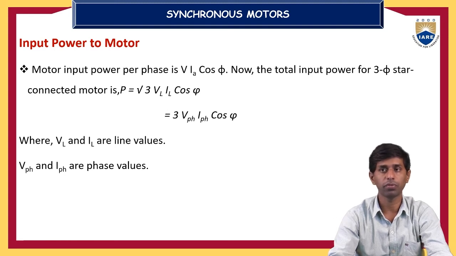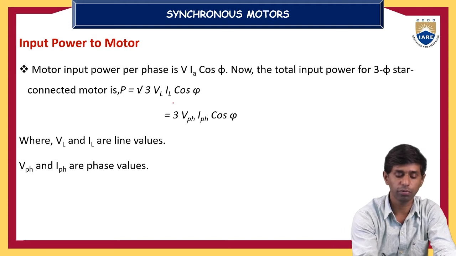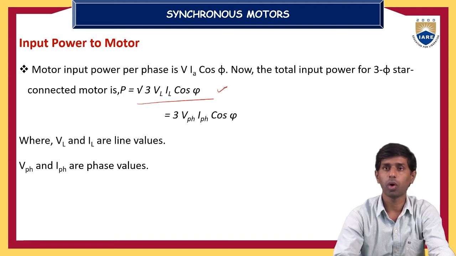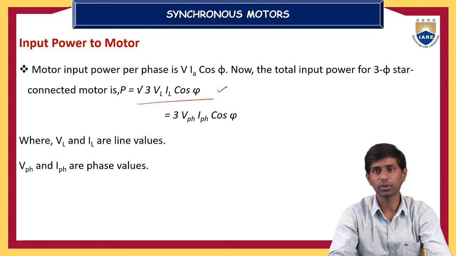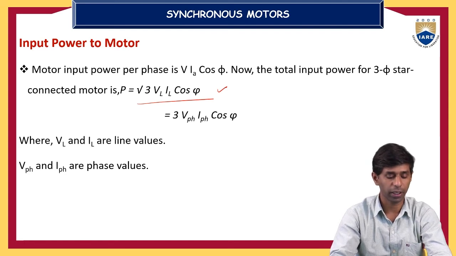The total power input for a 3-phase star connected synchronous motor is root 3 times V_L I_L cos phi, or in terms of the phase values, 3 V_phase I_phase cos phi.